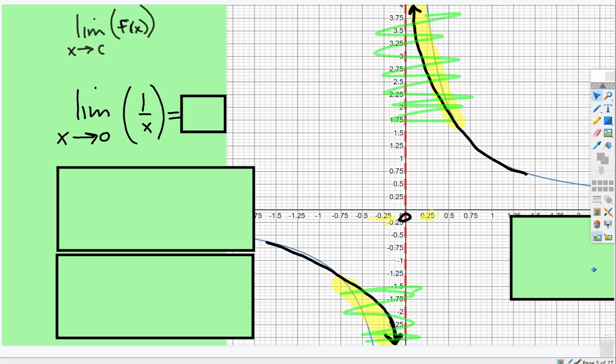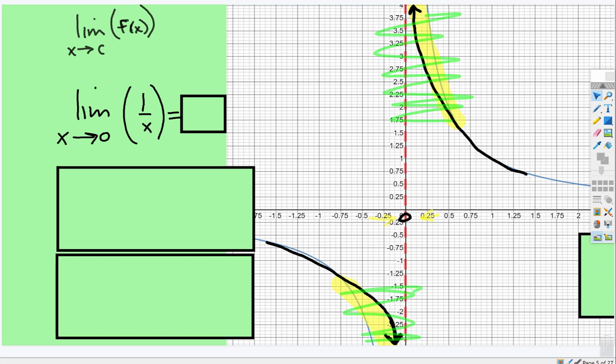So when you have a function that is not continuous, and when you're approaching an asymptote, the x value where there's an asymptote, each side does not agree.